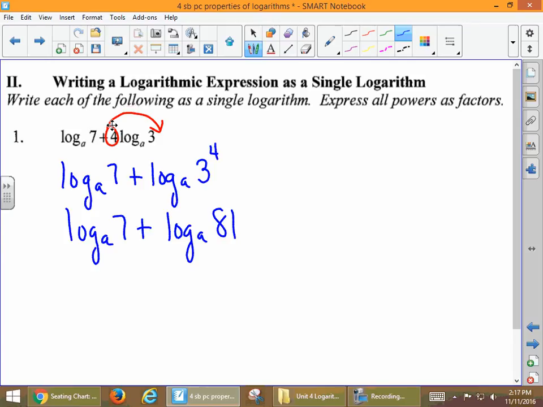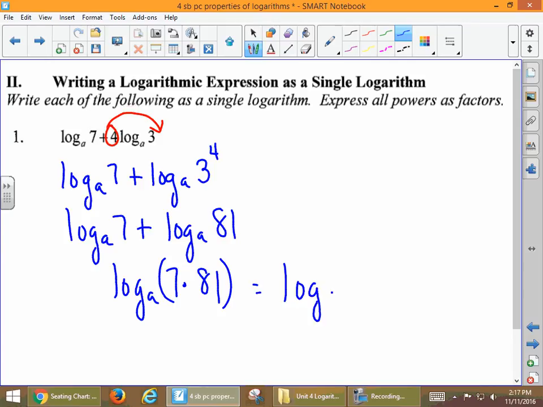So lastly, we need to look. Are we adding these two logarithms together, or are we subtracting two logarithms? We're adding, and what does adding tell us to do when we condense? We're going to multiply. So we're going to get log base A of 7 times 81. And then when we multiply, we can figure out what 7 times 81 is.